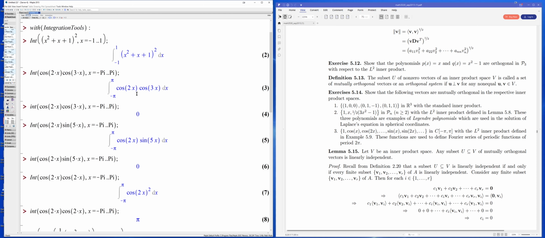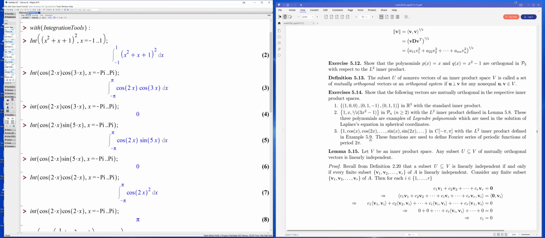What you need to do is use some addition formula for cosines and sines, to show that in general the integral between pi and minus pi of cosine 2x and cosine 3x, once you have different harmonics, turns out to be 0.